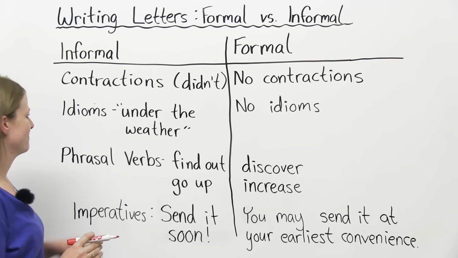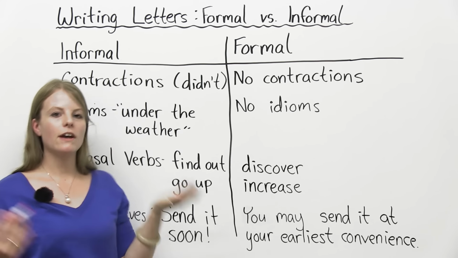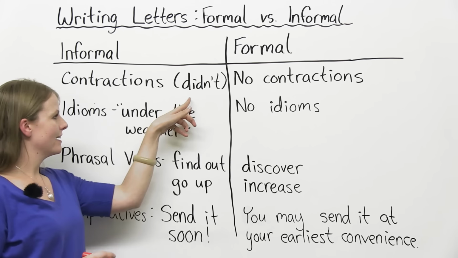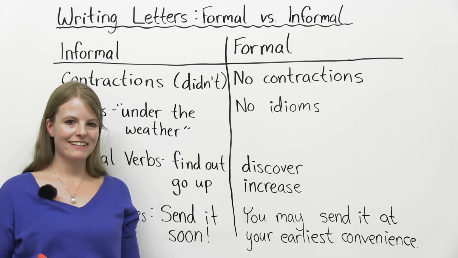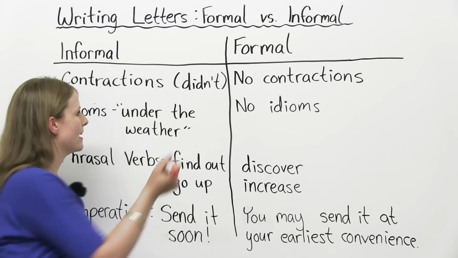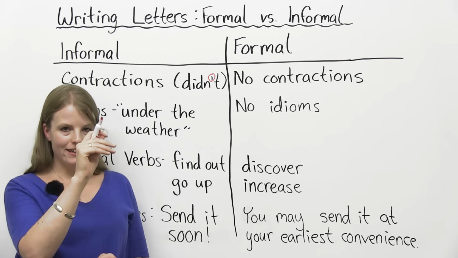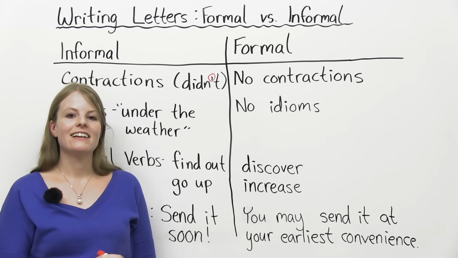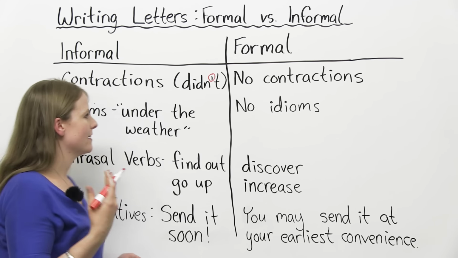Informal English uses contractions. What are contractions? Didn't, wouldn't, couldn't, haven't, hasn't. So if you see a verb with an apostrophe and then a T, that is a contraction. Okay?